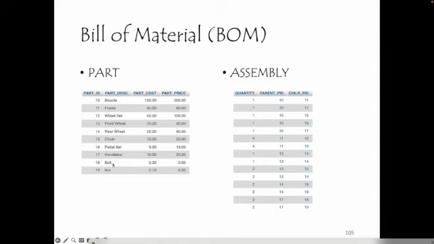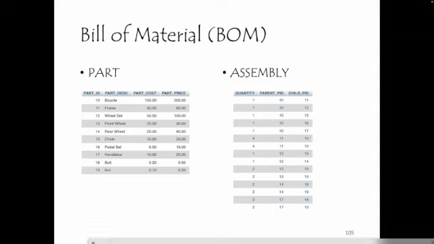Using the description, board is part ID 18. This 18 is in the assembly table's child PID. If you look at 18, you will see it four times. So these boards are used for 4 different parents.